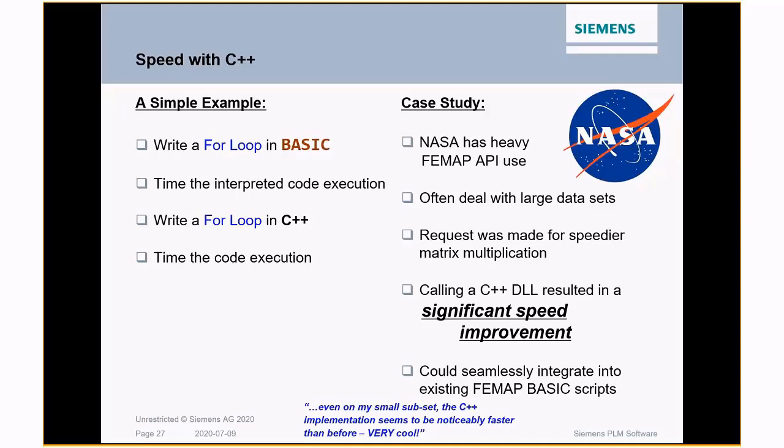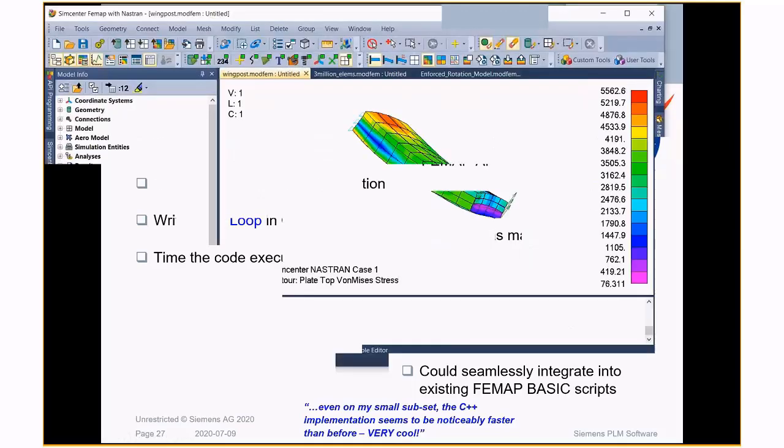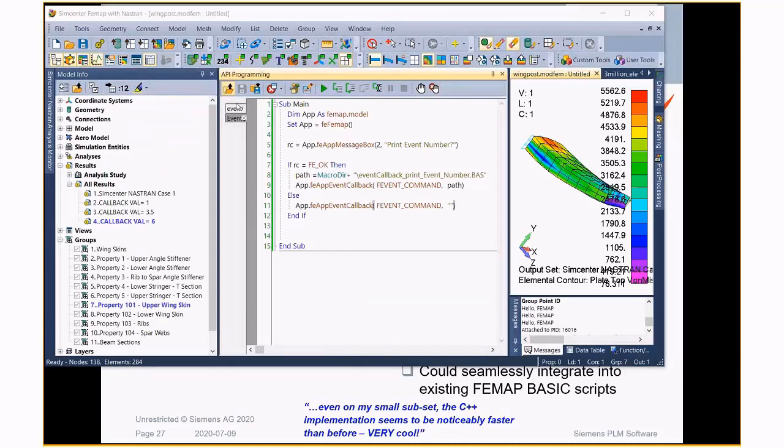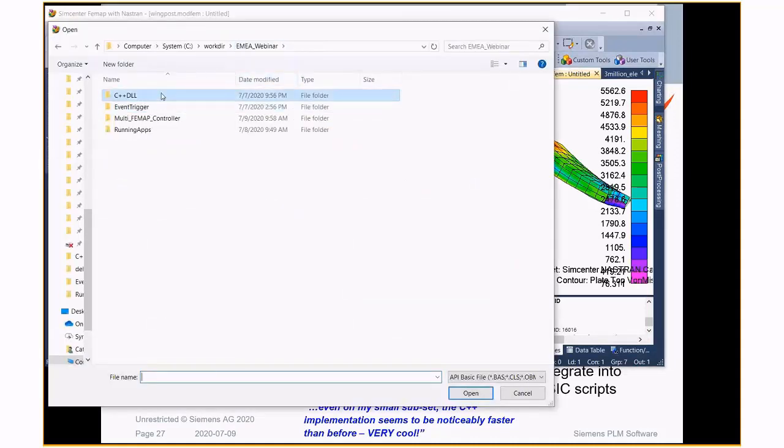So we've got two things here we're going to talk about. The first is a very simple example where we're going to write a for loop in Microsoft Basic, and then write a for loop in C++, and time the difference. What's cool about this example is we can put the C++ DLL into our Visual Basic script.